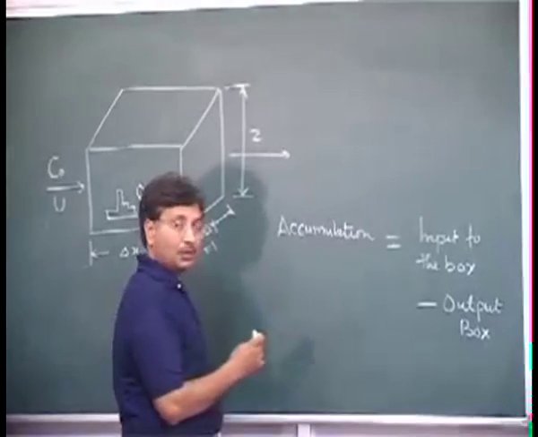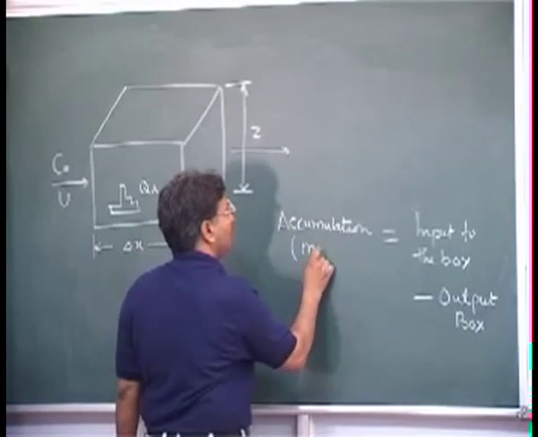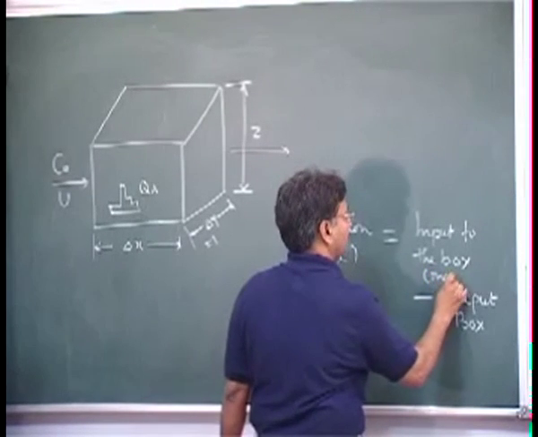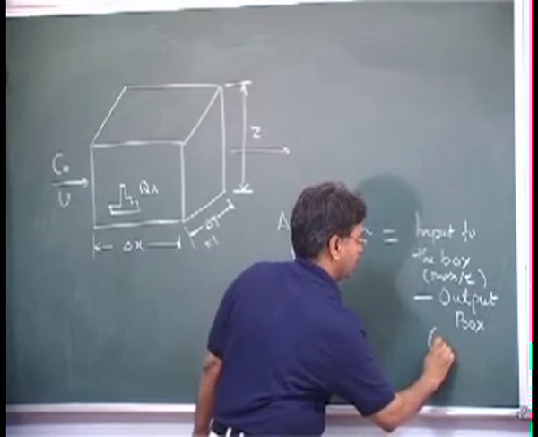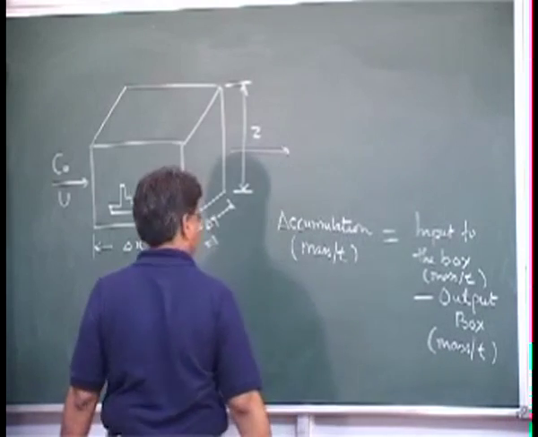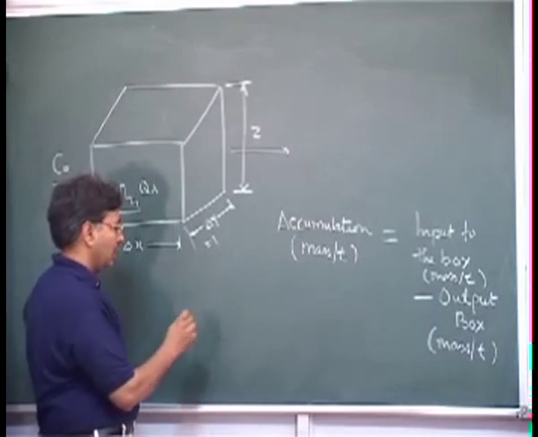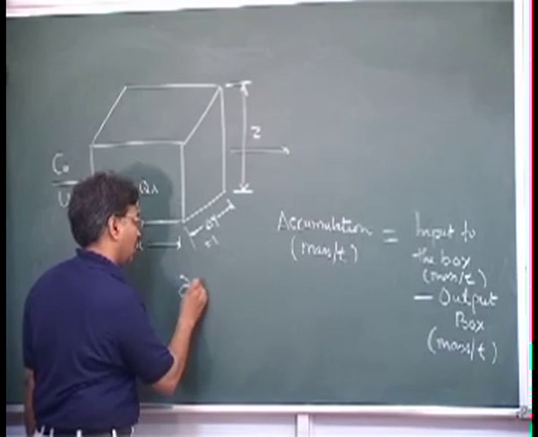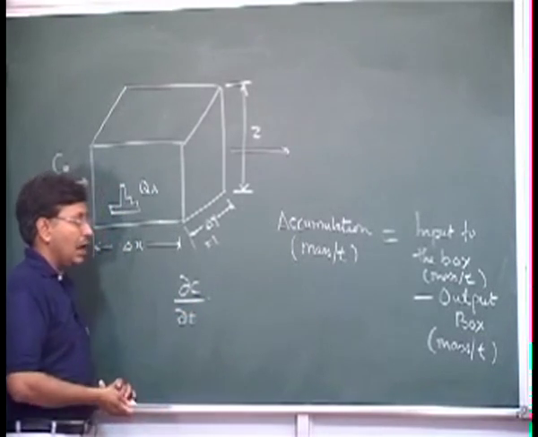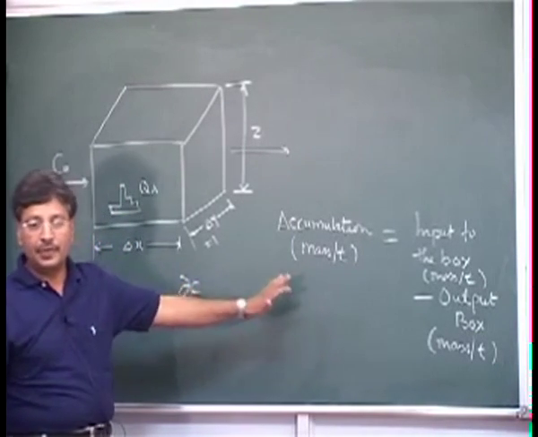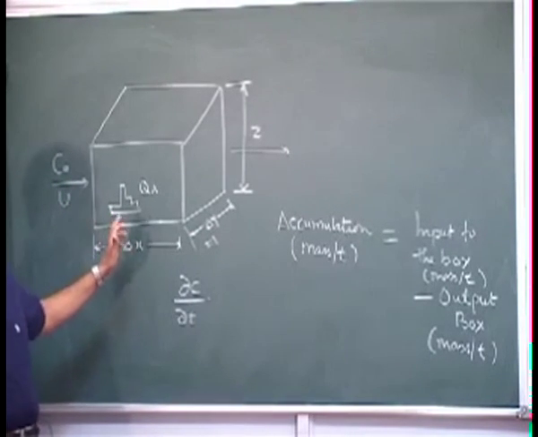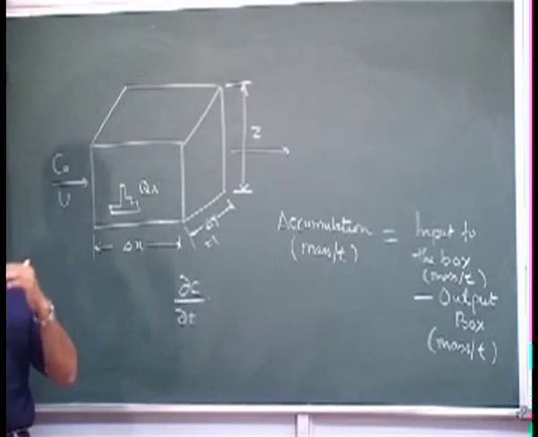In units, since we are doing the mass balance, it should always be mass per time, mass per time, mass per time. Okay. So accumulation, I'll directly write in differential form, del C by del T. I have to get the units to mass per time. So what do I multiply here? The volume of the box, right? We are inside the box.